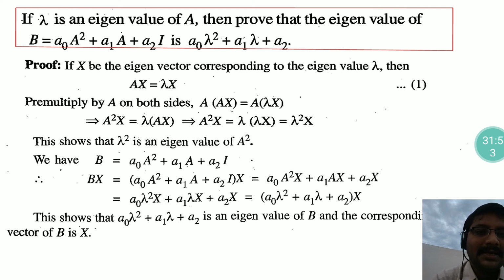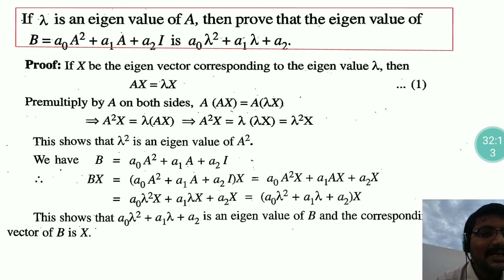Now we considered the given expression, that is B equal to a0 A square plus a1 A plus a2 I, and multiplied with x on both sides. On simplifying, A square x is replaced with lambda square x, Ax is replaced with lambda x, and x stays as it is.